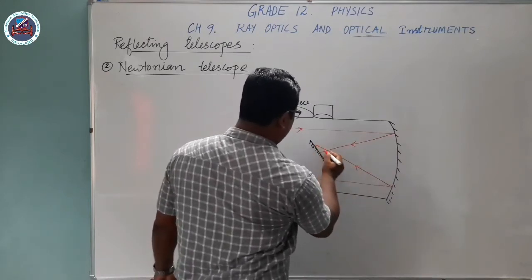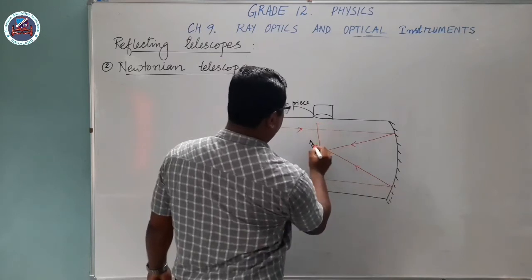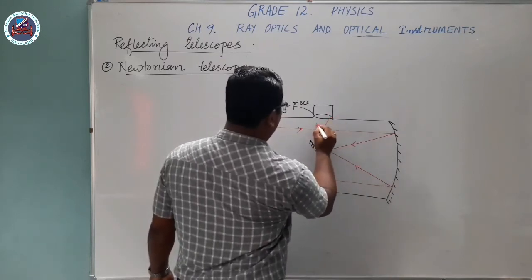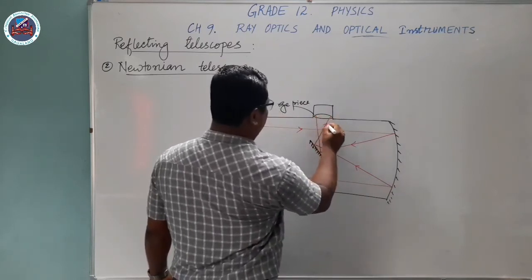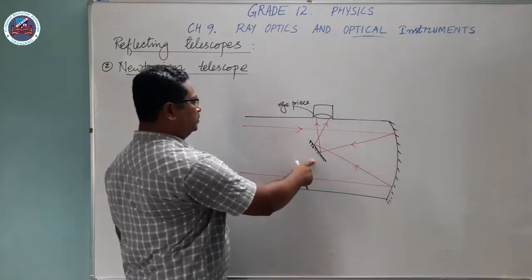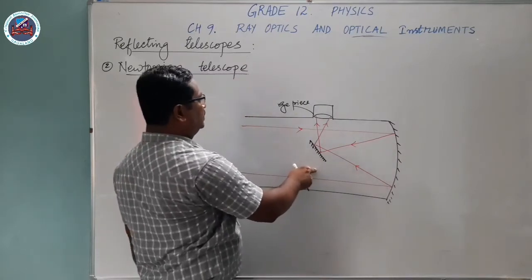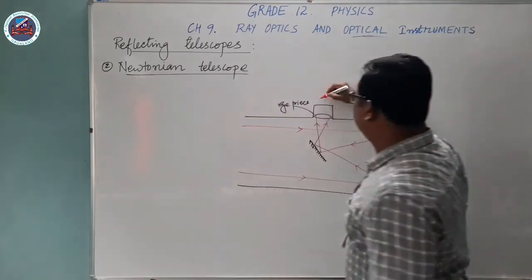After reflection, the light rays enter the eyepiece lens, and then the image can be seen. Here also a virtual image will be produced behind the mirror, that can be seen from the top.